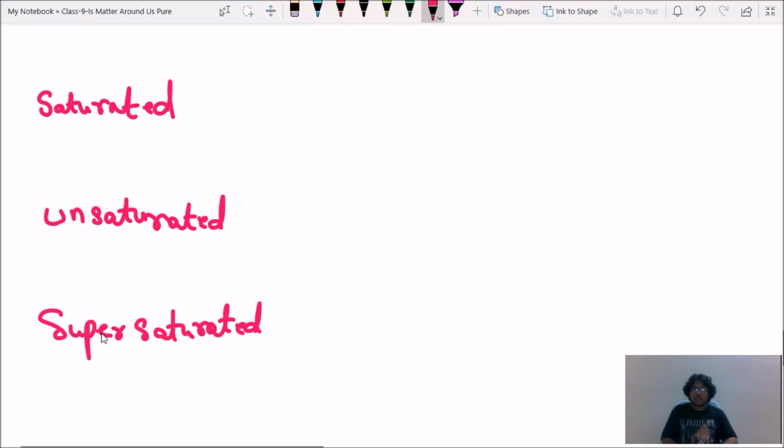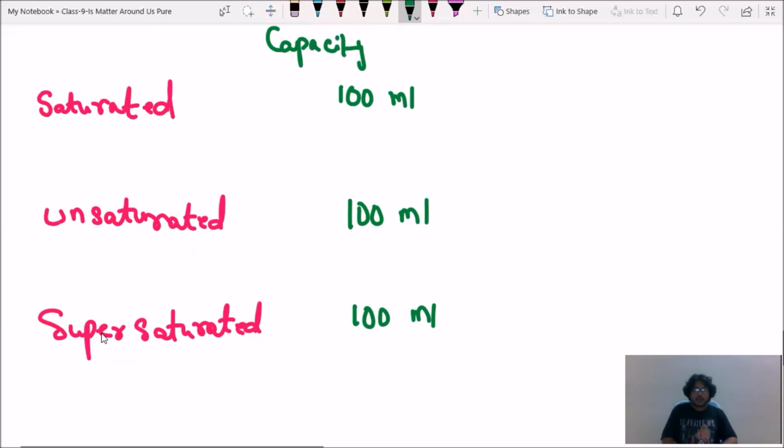Let us see. So again, let us take an example. Let us take 100 ml of water in the first case, and the same quantity of water in the second and third cases. Now, this 100 ml of water has the capacity to hold only 40 grams of salt.